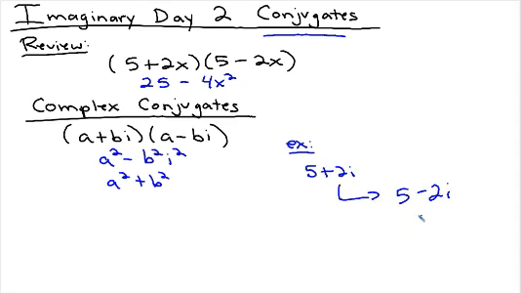All right? This is called the conjugate of that. And the reason is what I just explained to you. When I multiply those two together, the i disappears.